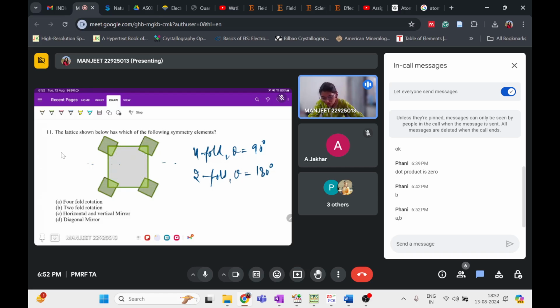Because these are not the same. See here, if I say this is the different one, and I rotate this one by 90 degrees, it will become like this. It will be kind of a flip, so the original will not be similar to this one. How can I show you this one?